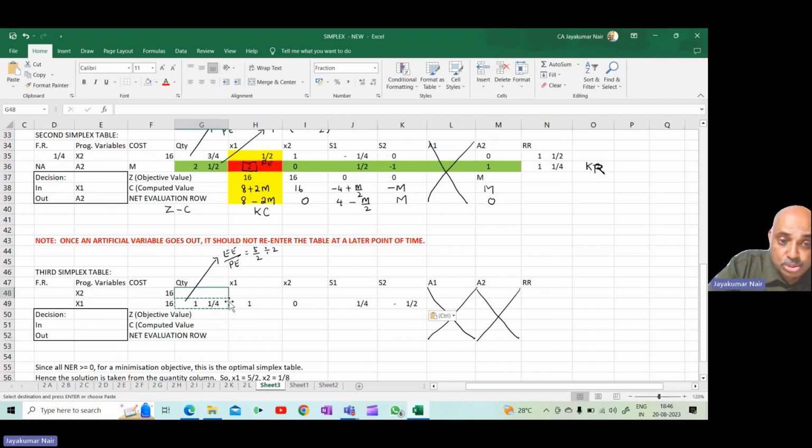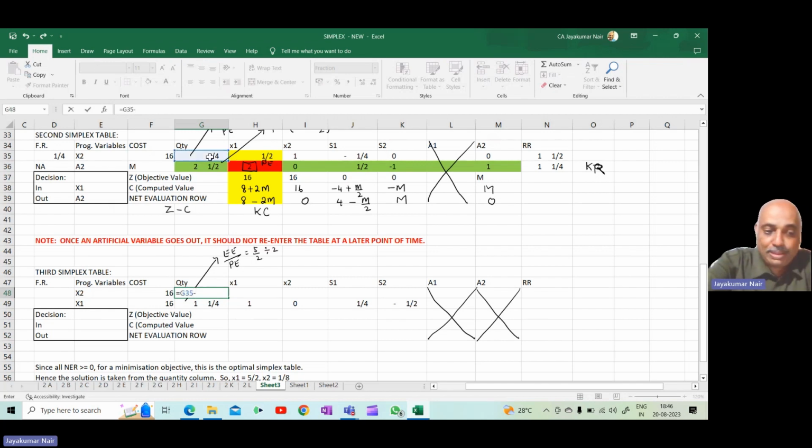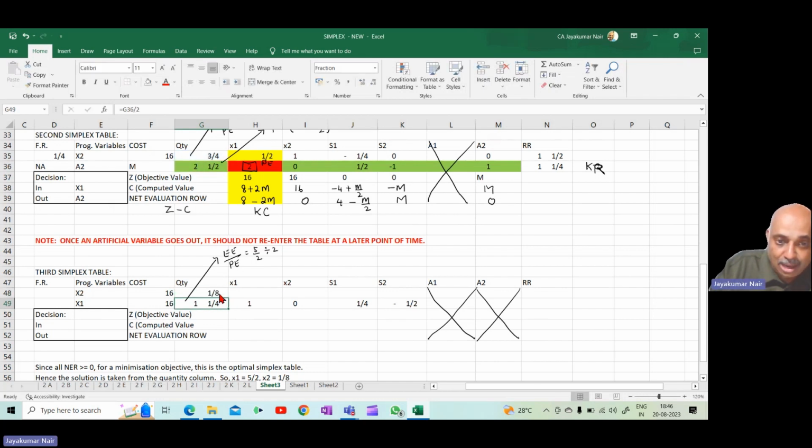Now, coming to the non-key row. For the non-key row, see what is the existing value, minus, open the bracket, the key column element, key row element into the fixed ratio, which is 1 over 4. I repeat, how did I get this? It is 3 over 4.